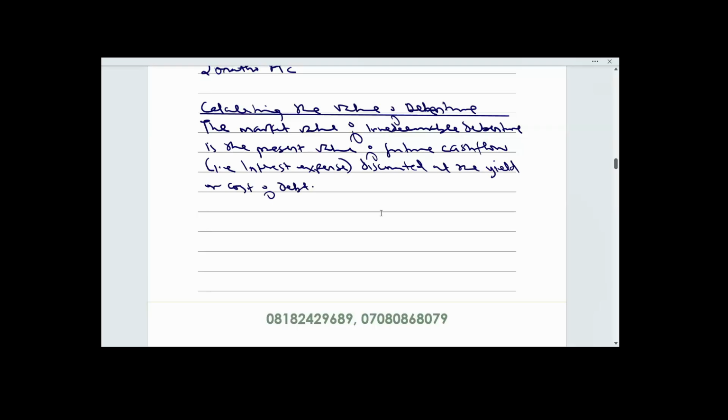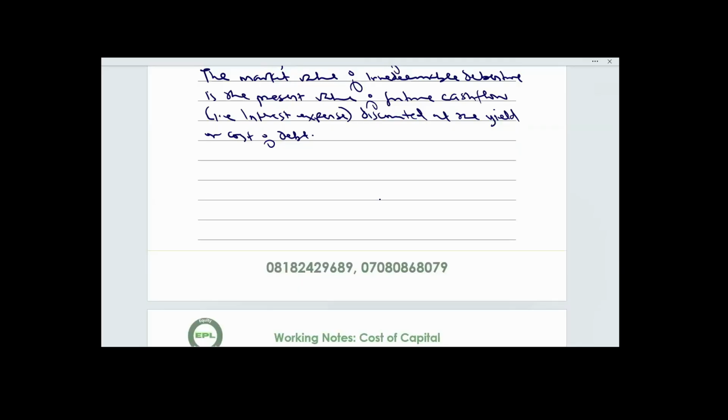So when you want to calculate the market value, according to the question, you have to calculate market value of the debenture, which will be calculated as the fixed interest. Let me do it this way.